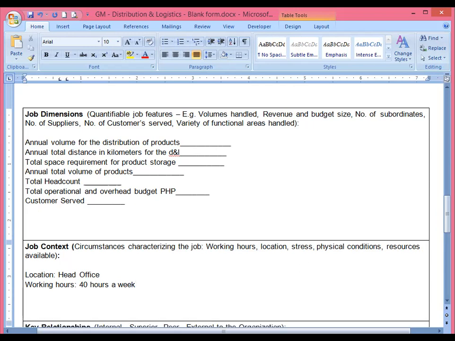Maybe we can say resources is like a car provided by the company, right?